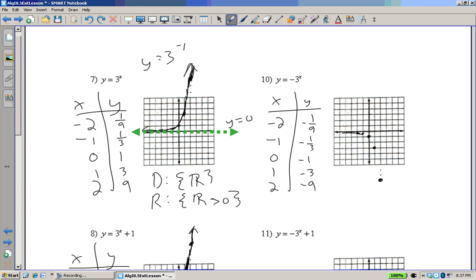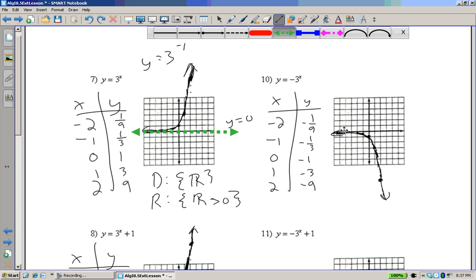Sketch that graph. Okay, the asymptote here, you can see it's approaching 0 on the x-axis. So that is a horizontal asymptote, although we'll get to other families who have different asymptotes.